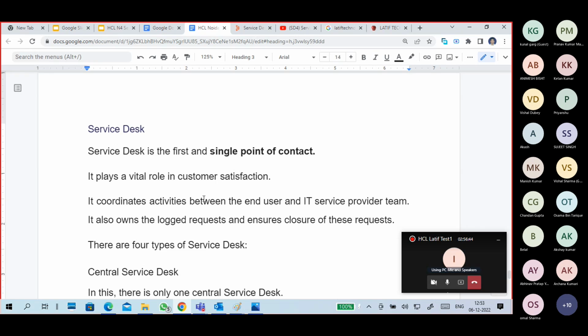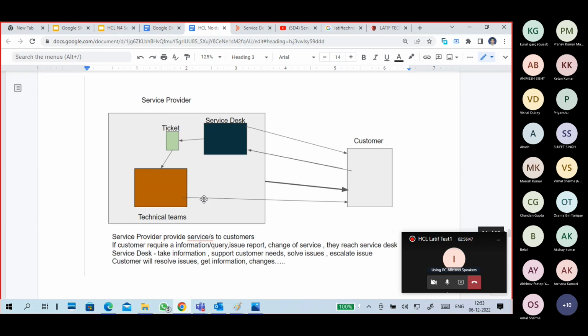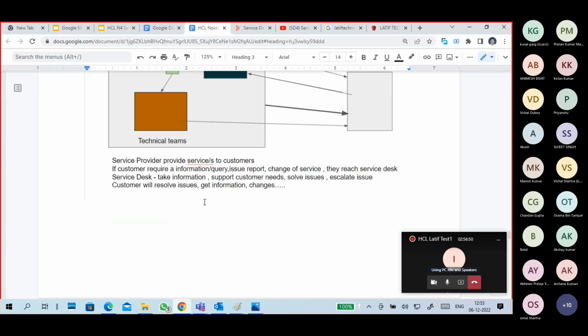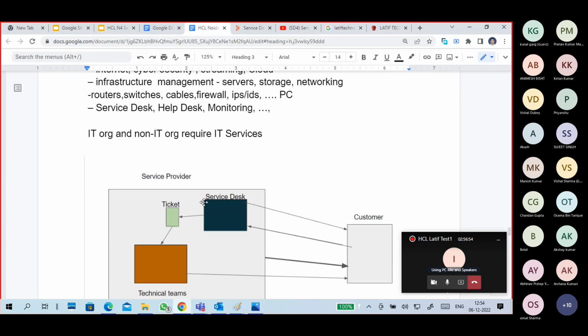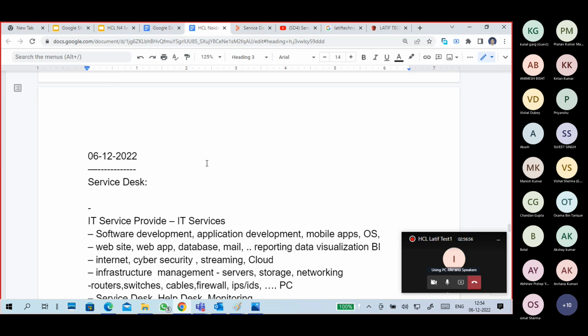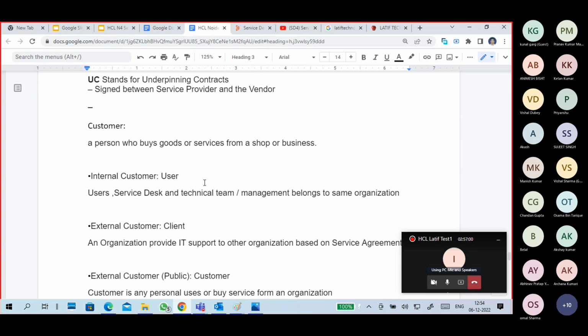If a customer requires any information, wants to report an issue, or wants a change of services, they contact the service desk.